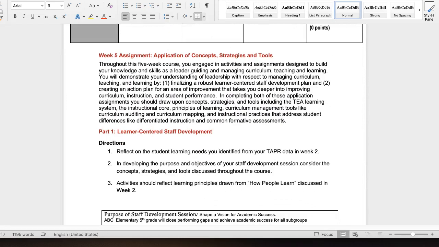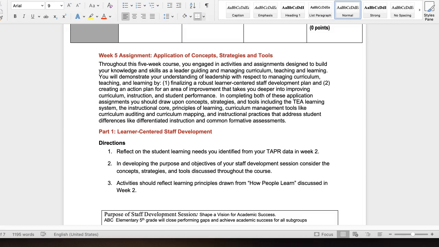So in week 5, you are going to be engaged in activities and an assignment designed to build your knowledge and skills as a leader as you guide and manage curriculum, teaching, and learning. We've already talked about that you're going to demonstrate your understanding by finalizing a robust learning-centered development plan, creating an action plan for an area of improvement as you move through this course.